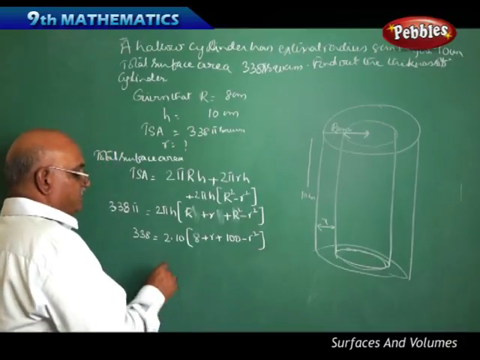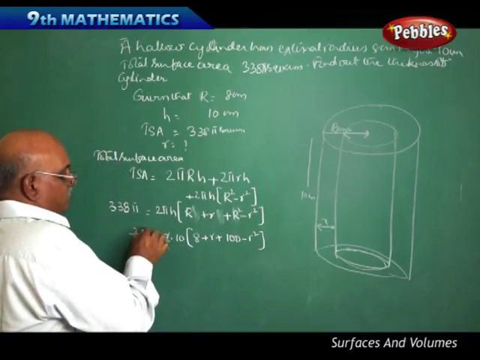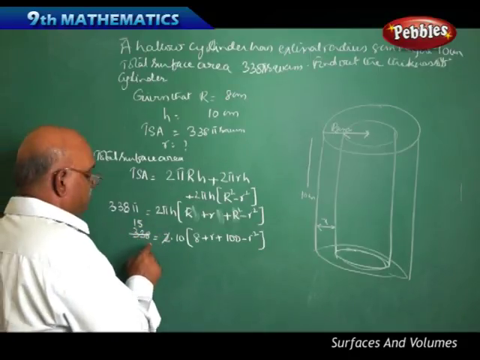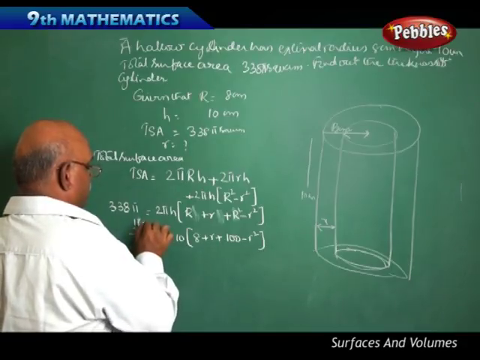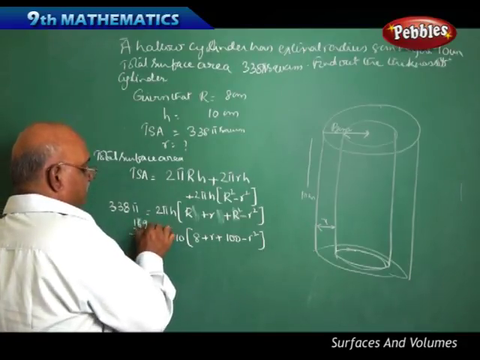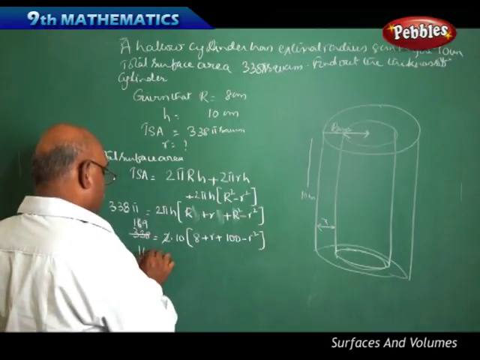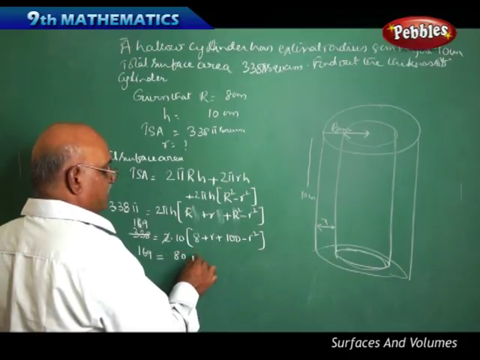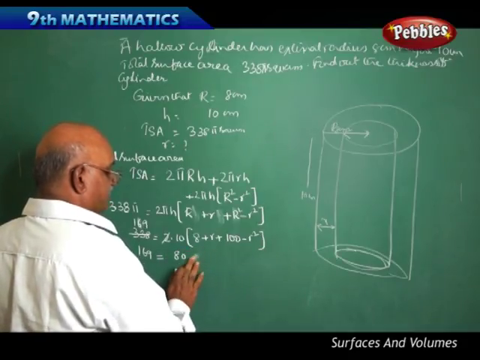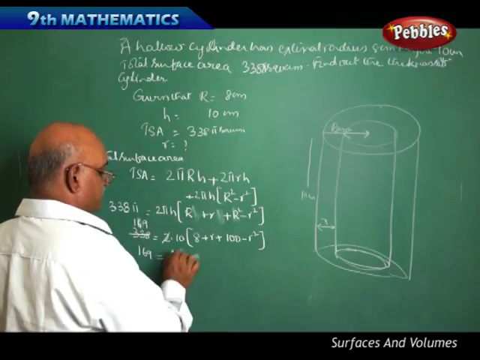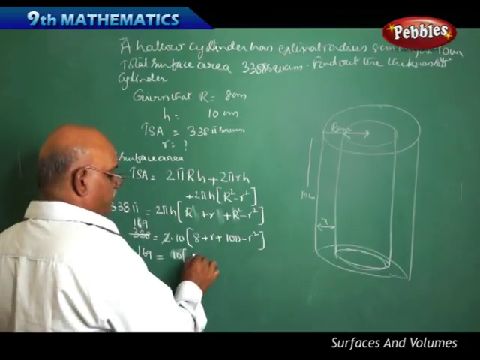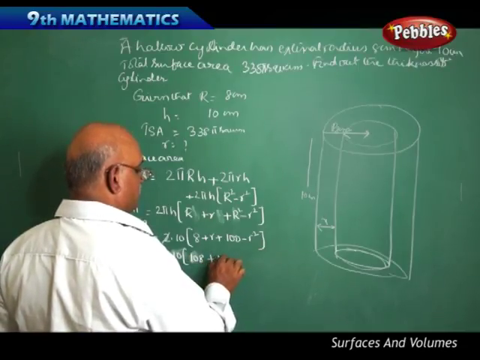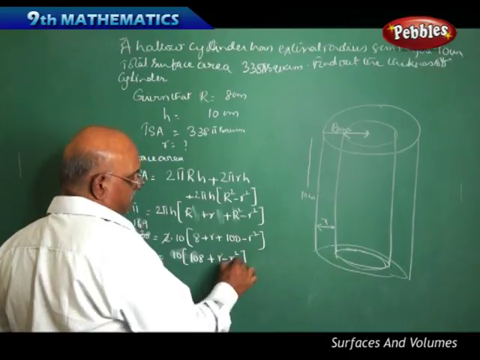Therefore even if you cancel with the 2, you are going to get 2 15s are 30, 2 16s are 32, 2 9s are 18, therefore 169. Therefore this is 169 is equal to 10 into 8 plus r, plus 100, that is 108 plus r minus r square.